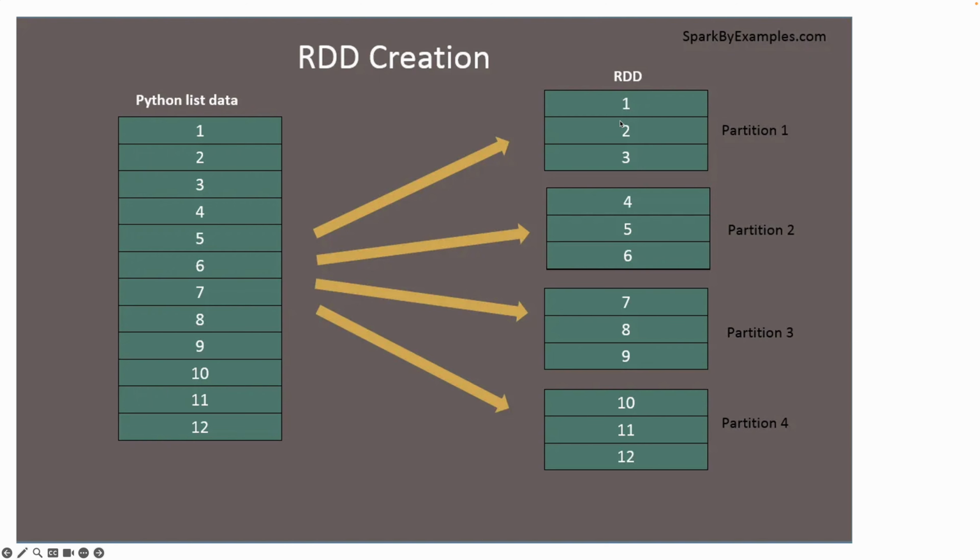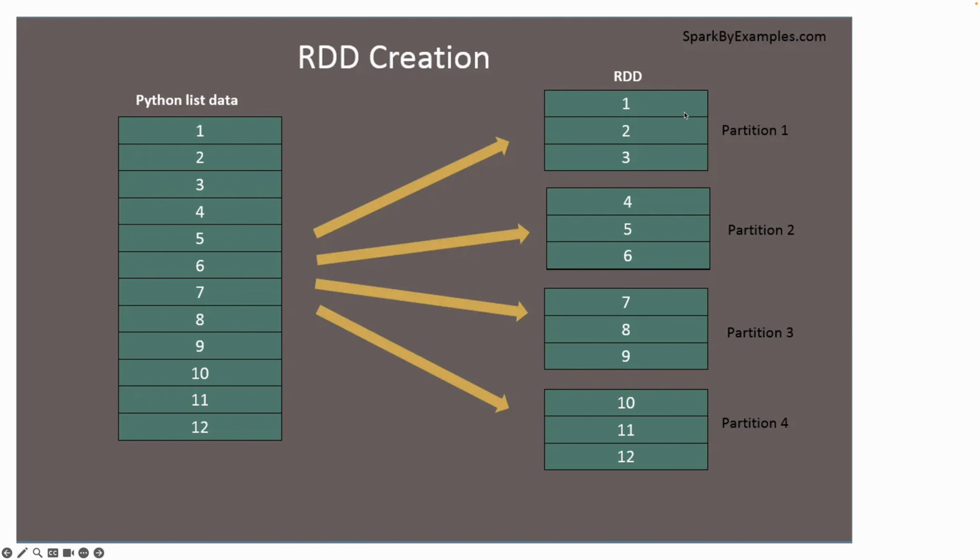Every one of these partitions will be applied with the same set of logic that is written. You write a higher level code and send it to each and every executor, and each executor takes the data as well as the code, and the code is executed on this data, similarly across all the partitions.